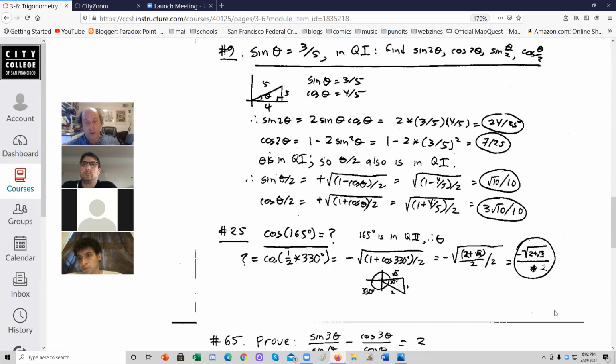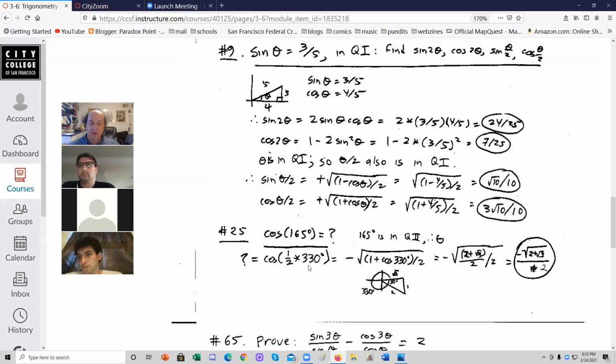Now, cosine of 165 degrees. What's that? All right, now 165 degrees is in the second quadrant, and that's where cosine is negative. And furthermore, 165 degrees is half of 330 degrees, which is 30 degrees short of a full rotation.